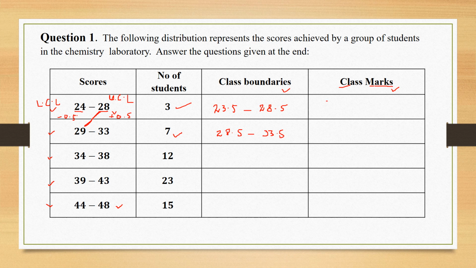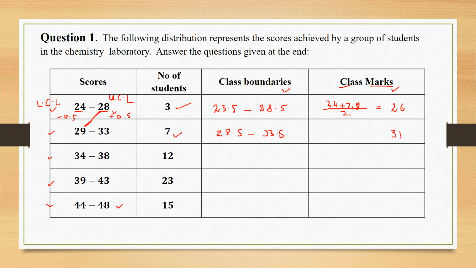So we will add both the numbers, lower limit plus upper limit, which is 52, and then divide by 2. So the answer will become 26. And similarly for the second group, the answer will become 31.